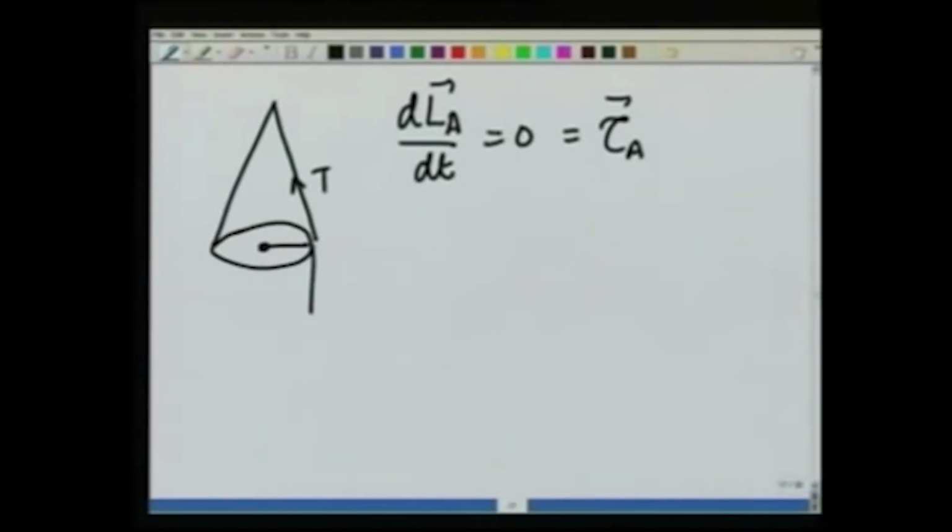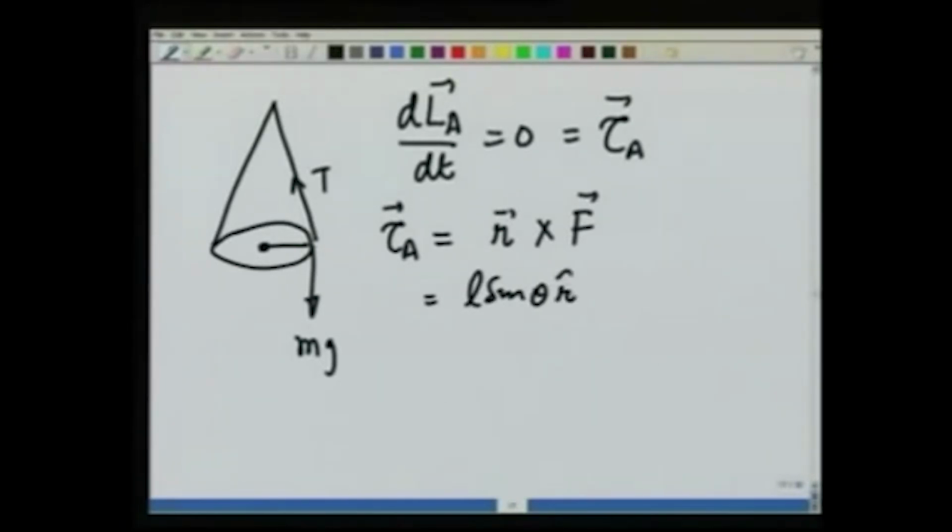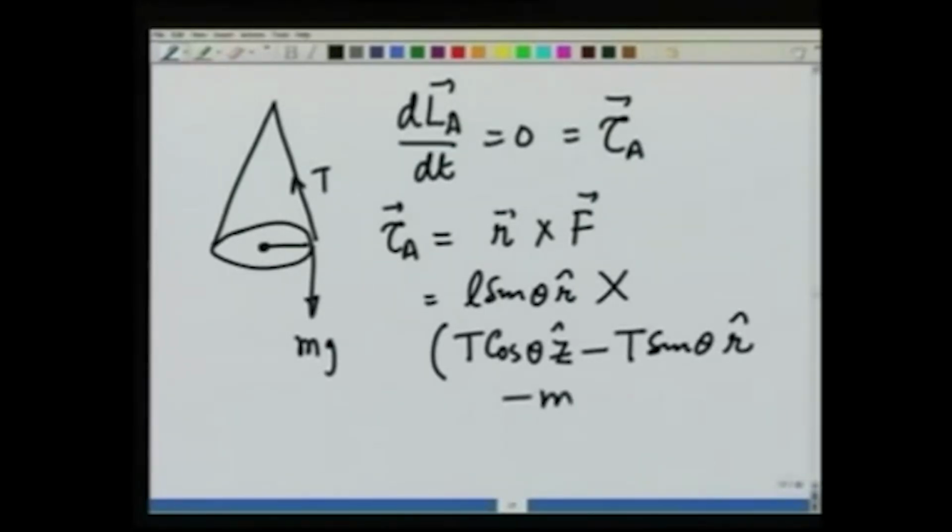Let us calculate torque about point A, and I am using a strictly mathematical definition, r cross F. R is nothing but L sin theta in r direction cross F, which is T cosine theta in z direction minus T sin theta in r direction minus mg in z direction.